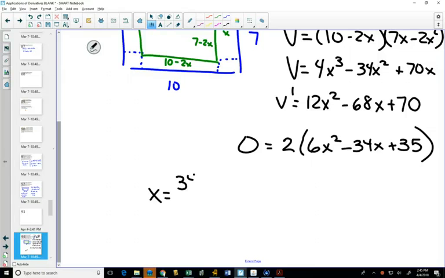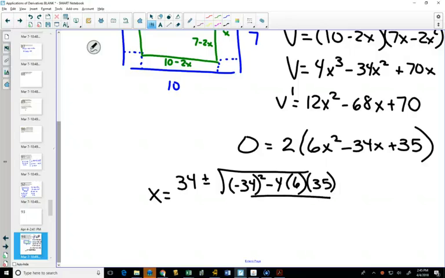So it's going to be negative b plus or minus the square root of b squared minus 4 times a times c, over 2a, which is 2 times 6, 12. And plugging that value in and figuring out, you could now use a regular scientific calculator.